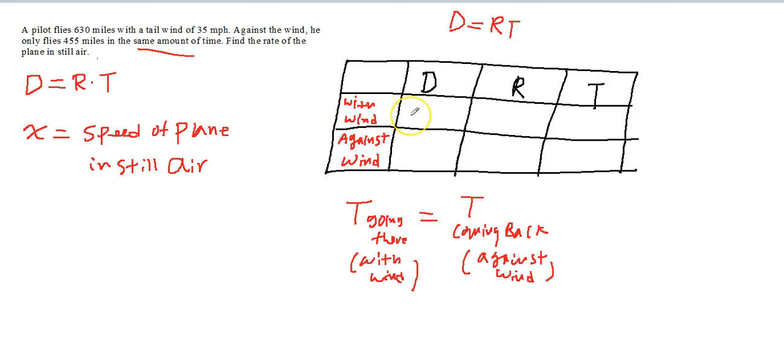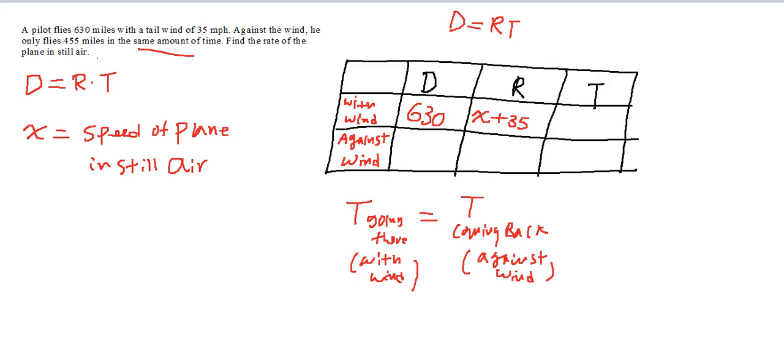When you go with the wind, you go 630 miles. We don't know what x is, that's the speed of the airplane, but we do know that with the wind, whatever the airplane speed is, we gain 35 miles per hour of wind speed.